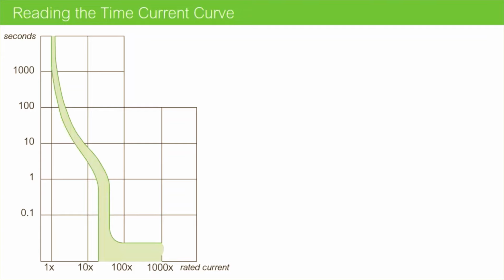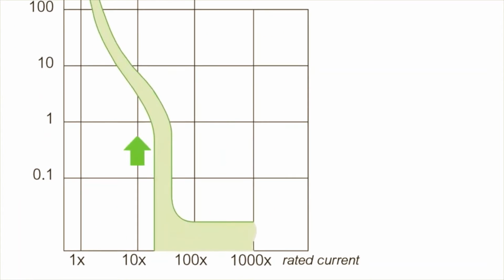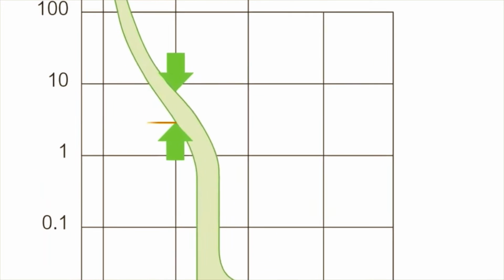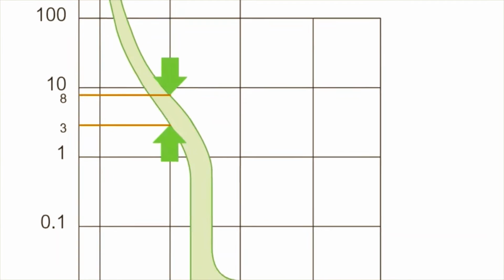There are 2 curves with a shaded region between. At a given current that is over the rating of the circuit breaker will experience a trip somewhere in the shaded range. For example, on this time current curve, at an amperage 10 times the rating of the circuit breaker, using the logarithmic scale on time, we see a trip will happen sometime between 3 and 8 seconds.